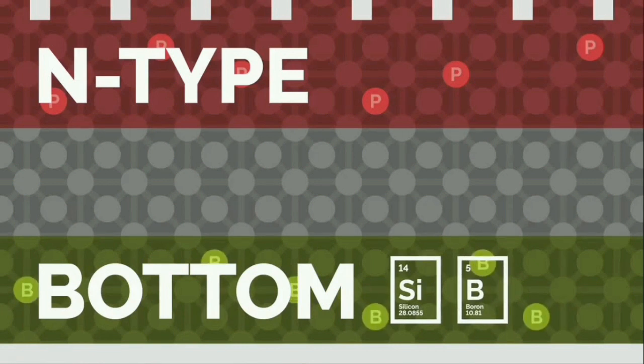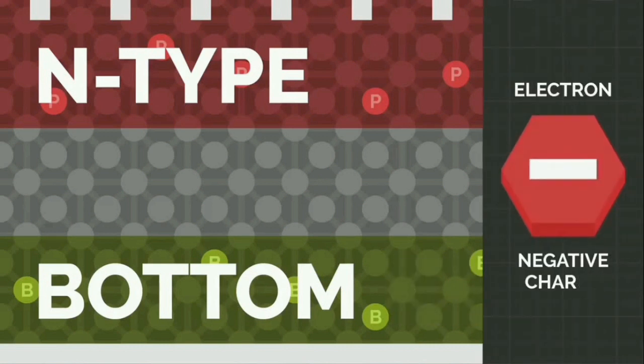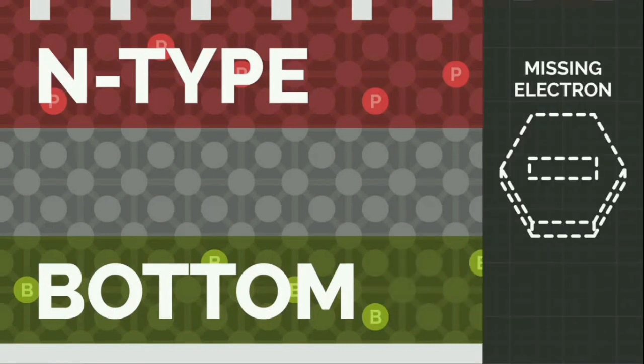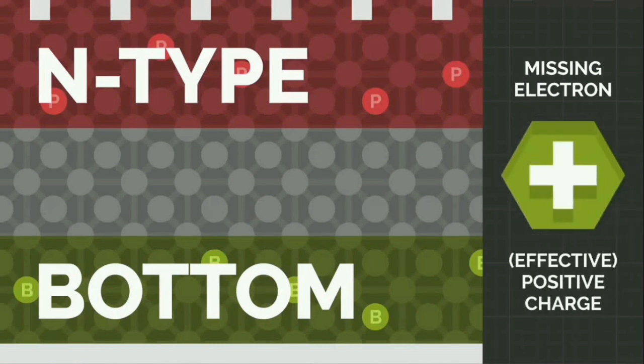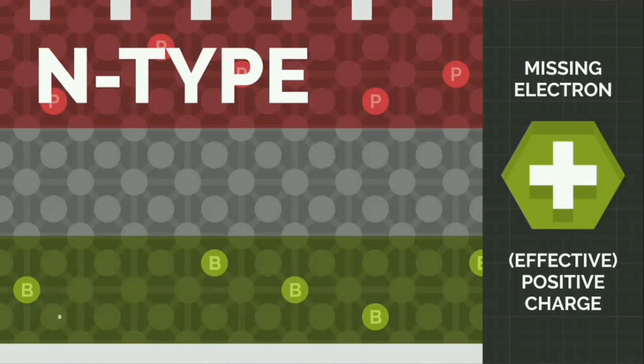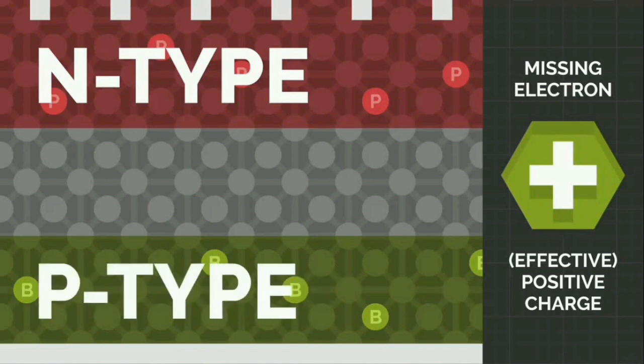This gives the bottom layer fewer electrons that are free to move, therefore making the material less conductive for electrons. A missing electron can be described as an effective positive charge. Therefore, the bottom layer is called the positive type or P type, as it preferentially favors the collection and the transport of these positive charges, also dubbed as holes.